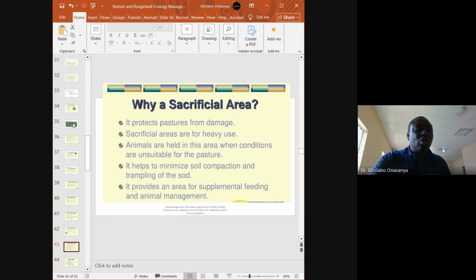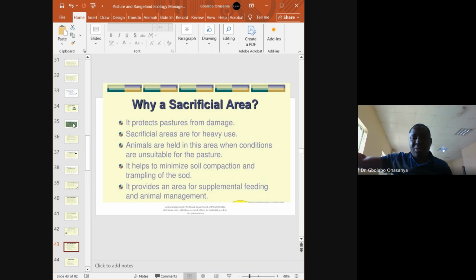If you engage in rotational grazing, and by miscalculation, you exhaust all your grass, you may return your animals to the sacrificial area. While you hold them there, they feed on the available grasses there, you support them there, while you allow the exhausted plot to regrow. So the sacrificial area protects pasture from damage.